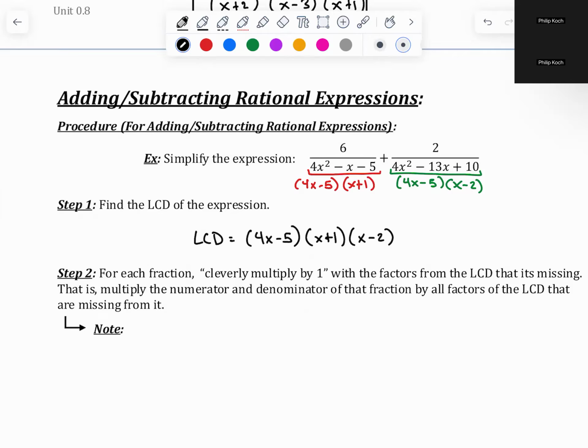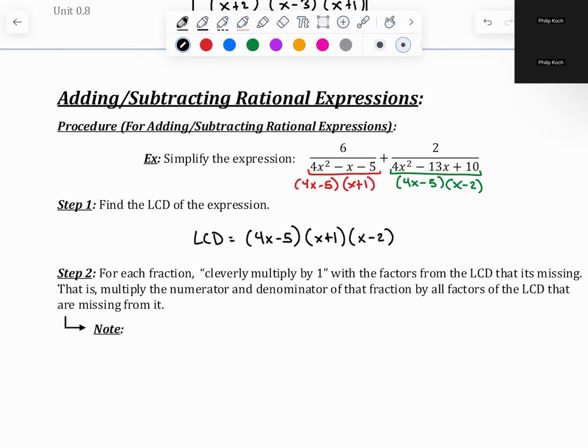So that's the LCD polynomial, (4x minus 5)(x plus 1)(x minus 2). Both the red and the green will divide into that nicely. That's what we're trying to do at the end of the day.